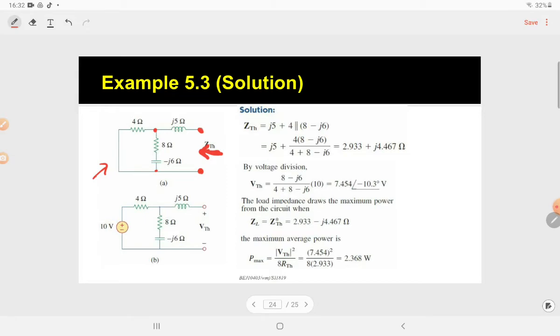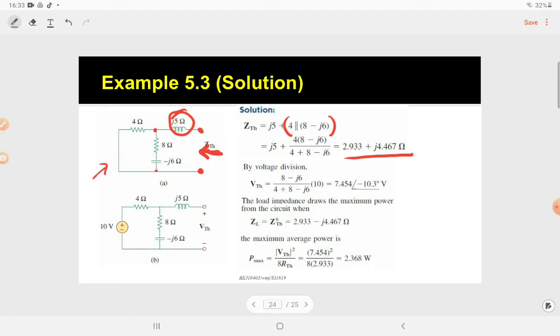So ZTH can be calculated by 4 parallel with 8 negative J6, in series with J5 ohm. By doing the calculation, you get ZTH equal to 2.933 plus J4.467 ohm, right? So this is our ZTH value.